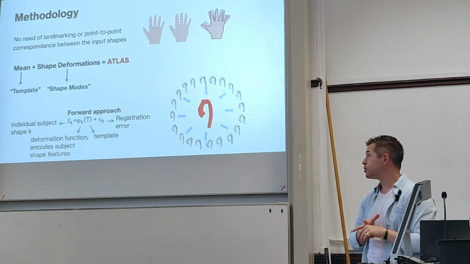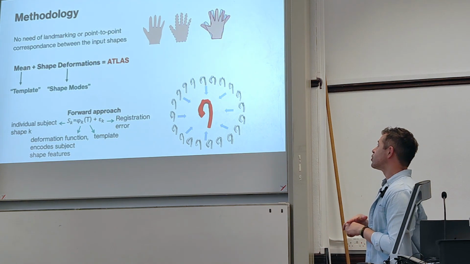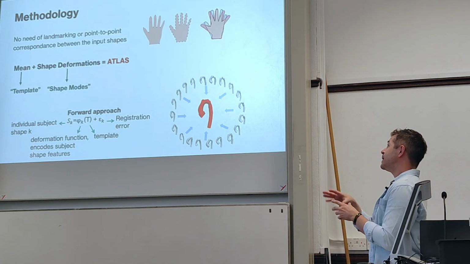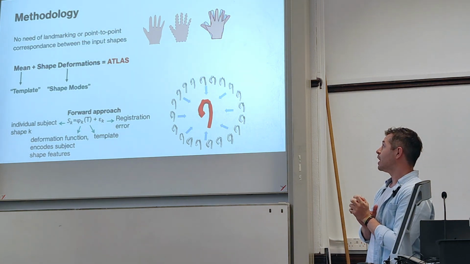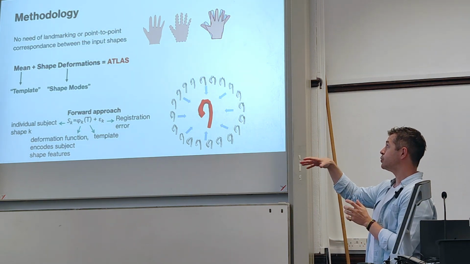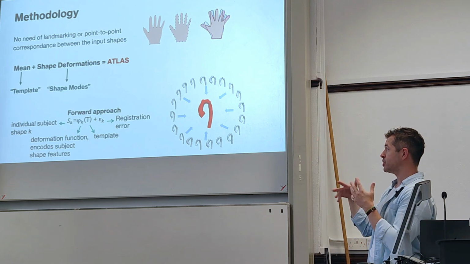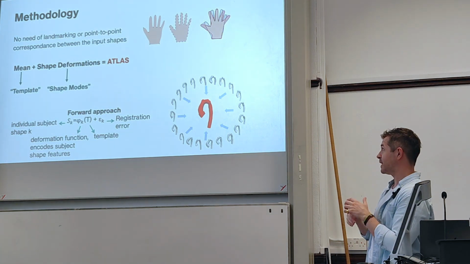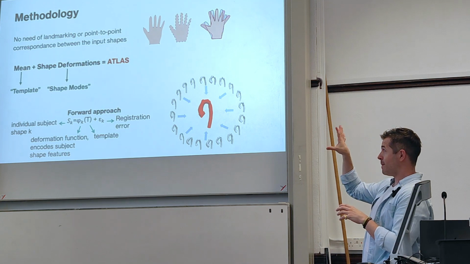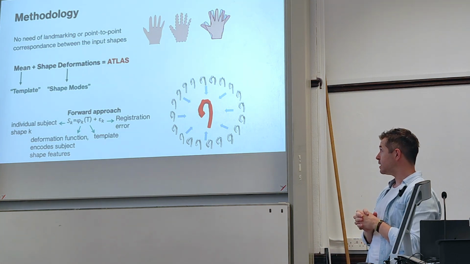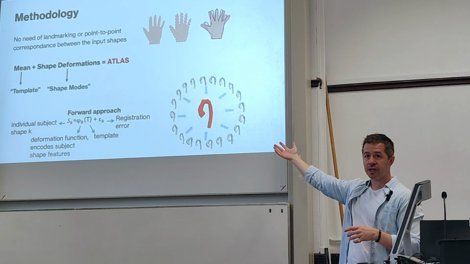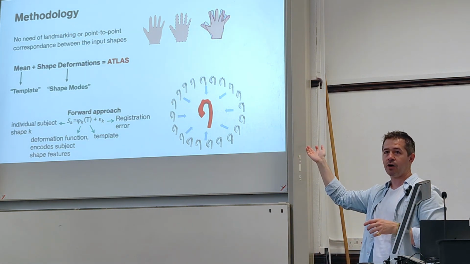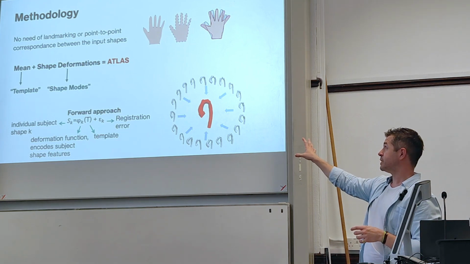Just one slide on the methodology. From a morphological point of view, this technique is really appealing because it doesn't require landmarking. The way in which it works is that it produces an atlas. What we mean by that, and just some words that I may use in describing the case studies. So the method outputs a mean of a population. So here we have several aortic arches. It calculates a mean 3D aortic arch. That's called a template.